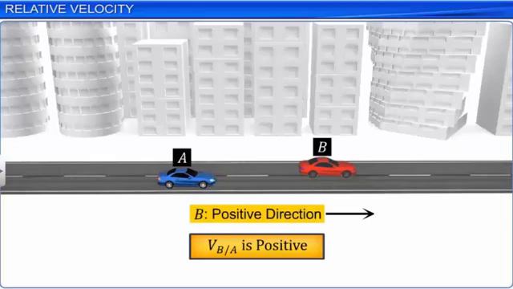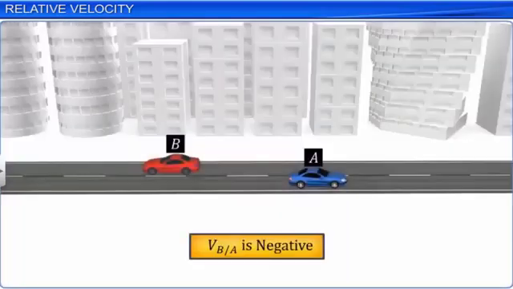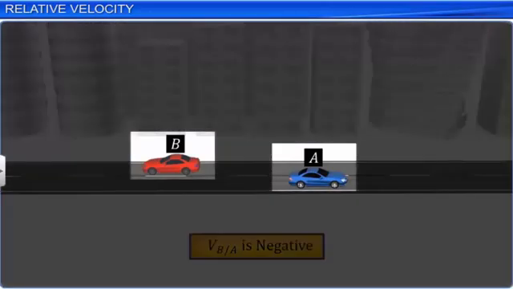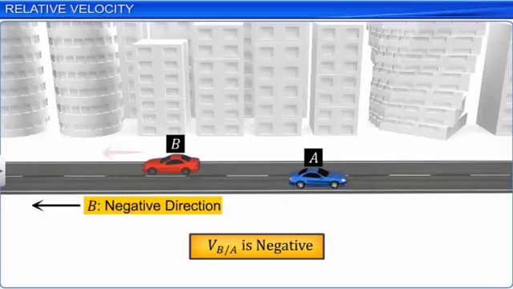A negative sign of v_B/A means that when B is observed from A, the motion of B is in the negative direction, that is, leftward direction. This concept can be applied to determine the relative distance and relative velocity.